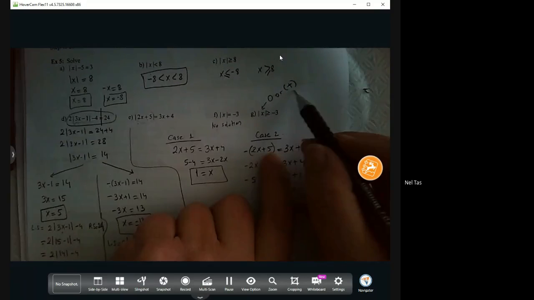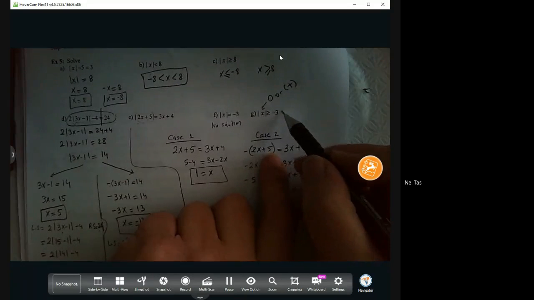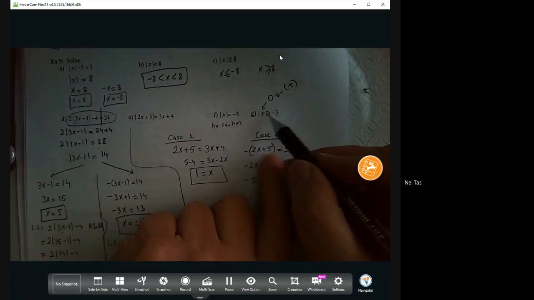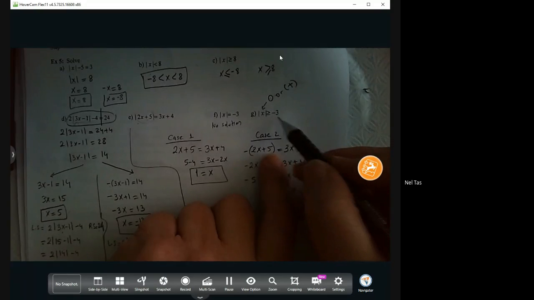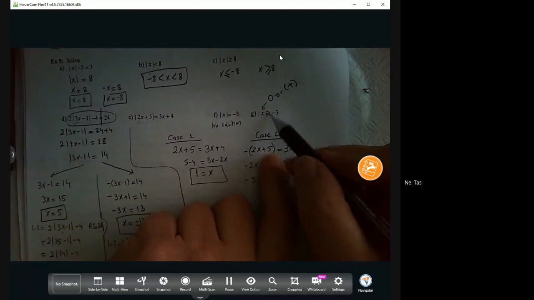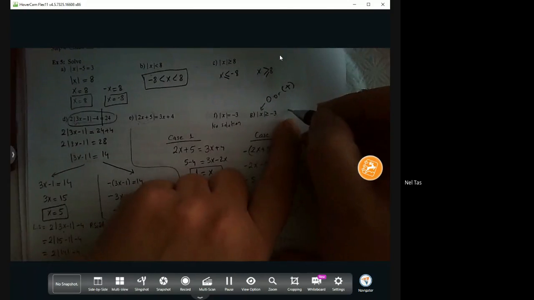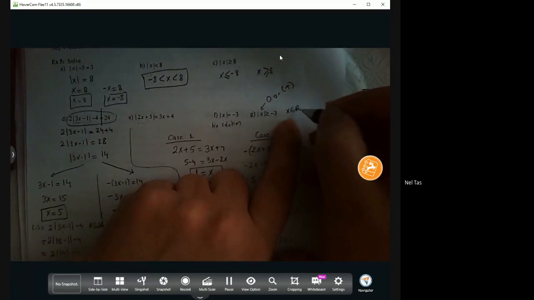And 0 or any positive number is always greater than negative 3. So whatever you have for x is going to work, because if you put it in the absolute value, you will always get 0 or a positive number. So the answer for this is going to be x, any real number.